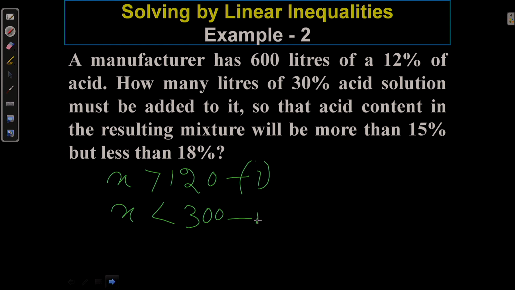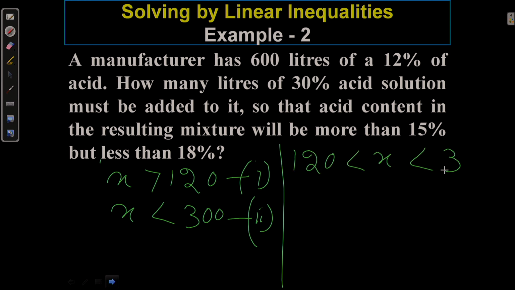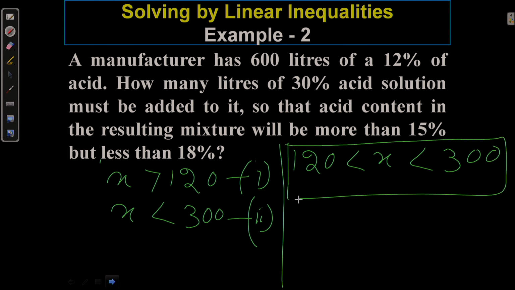Now what do we conclude? The value of x is within 120 to 300. So I can say 120 less than x less than or equal to 300. That means the value of x lies between 120 and 300.